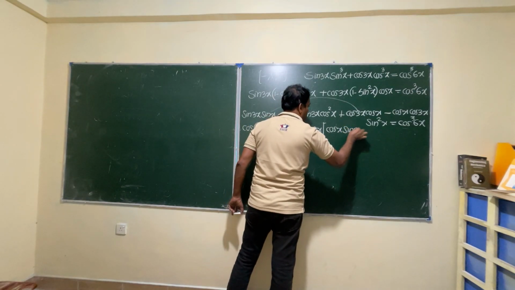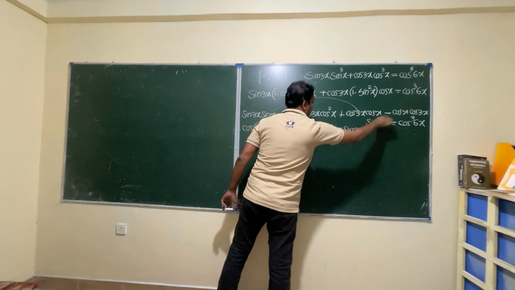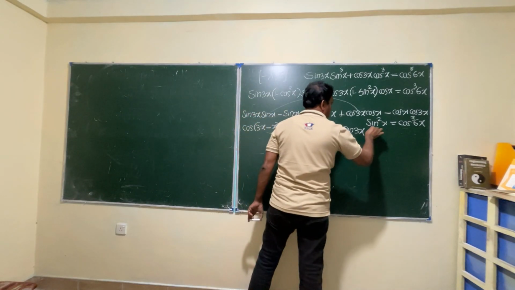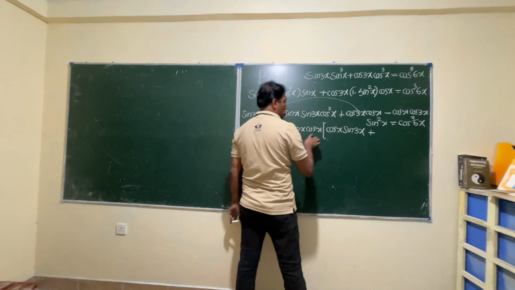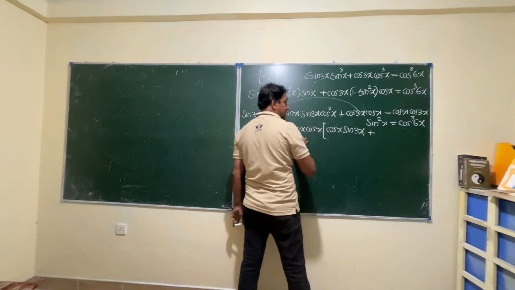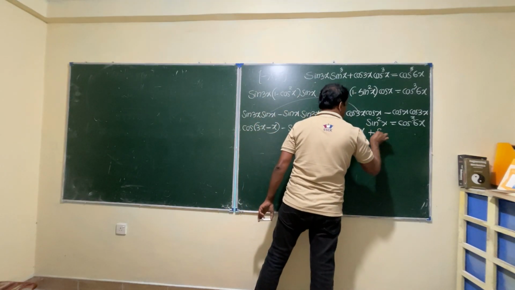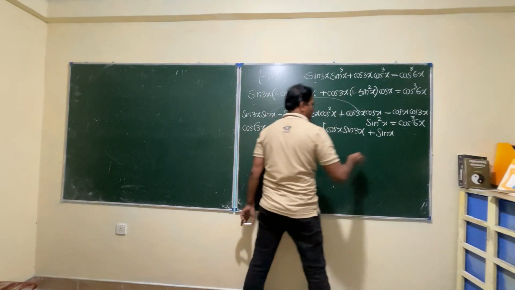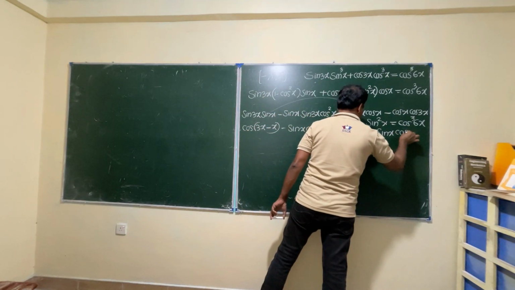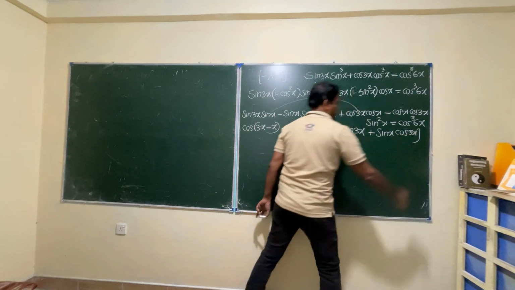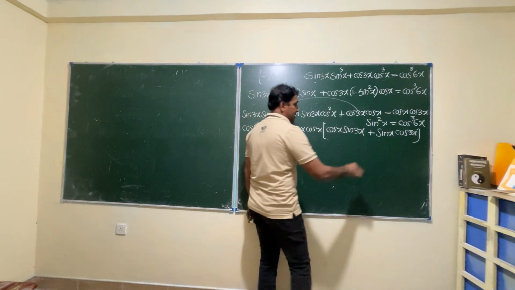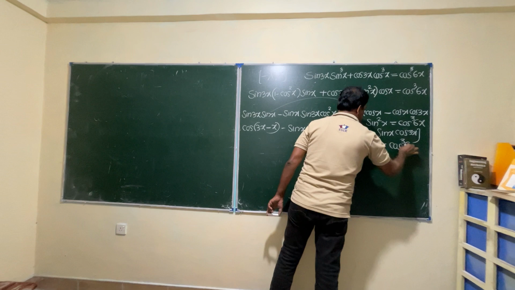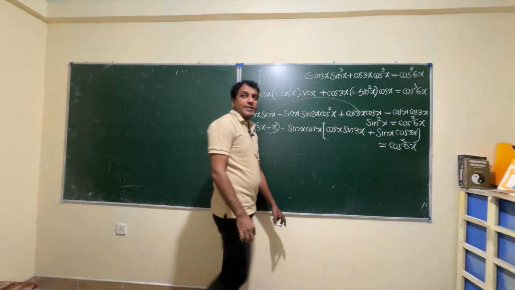Here I use the minus out, so plus. Cos x out, sin square x, one sin out, so sin x cos 3x. The other side, cos cube 6x.